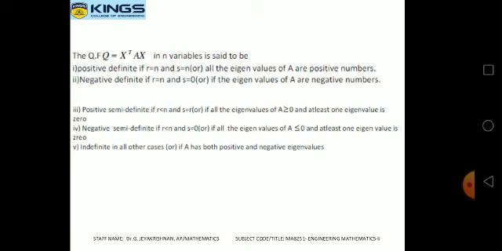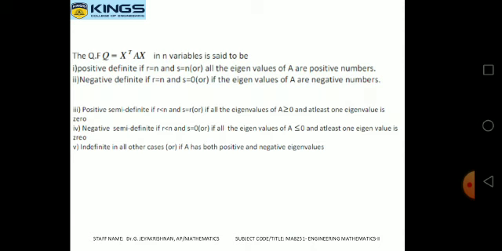If all the eigenvalues are non-negative and at least one of the eigenvalues is 0, then the nature is positive semi-definite. For example, 0, 2, 3 or 0, 0, 3. At least one eigenvalue is 0, but the remaining eigenvalues are positive.